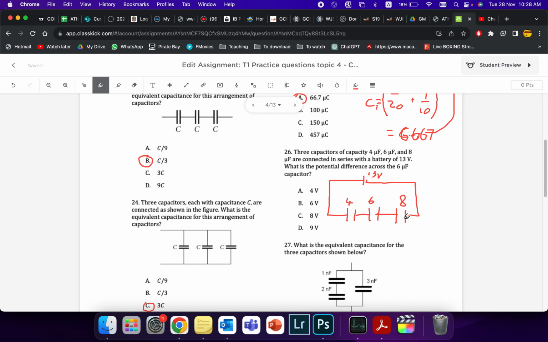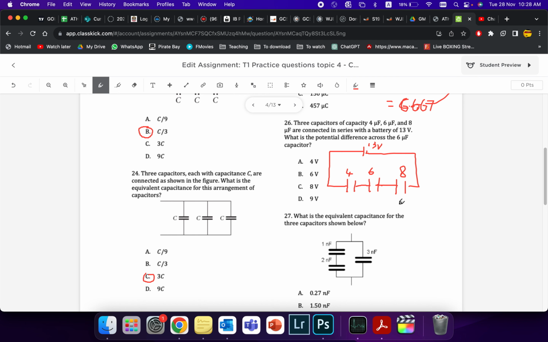And we don't know the total charge yet. The idea is, if I find my C total first, C total equals 1 over 4, I'll make this in a little bracket to get the answer directly, plus 1 over 6 plus 1 over 8 in brackets to the power of -1.